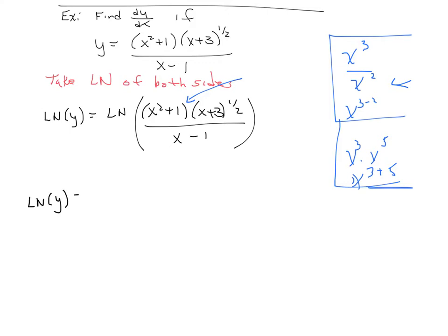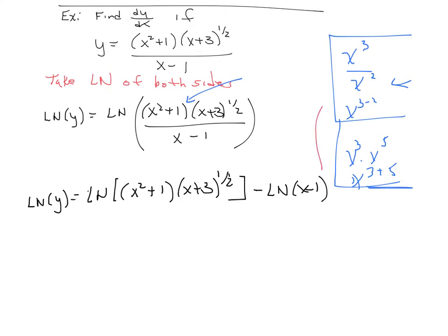ln of y equals ln of my product, x squared plus 1 times x plus 3 to the 1/2. Uh-oh, hold on. I skipped this. Nah, I didn't skip that step. Never mind. I'm going to split up these logs. x squared plus 1 times x plus 3 to the 1/2 minus, you have to write another log.